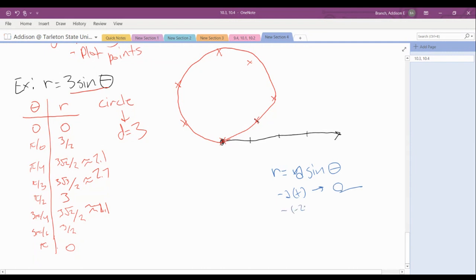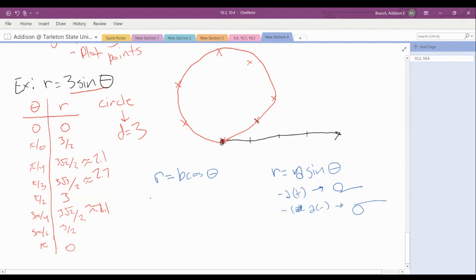And then if we have a is negative, you'll get something like this. Another good form, and then the other main form for circles that we see is r is equal to b cosine of theta.